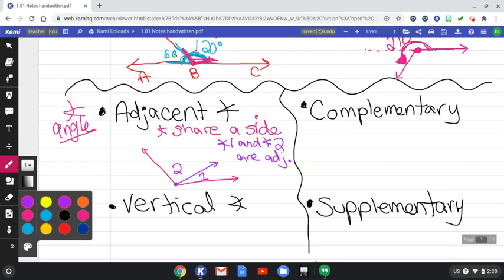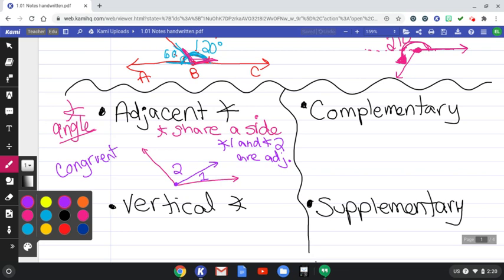So they just share a side. They don't add up to 90 or 180. They aren't equal to each other, or congruent, which is another fancy word that showed up on your classwork the other day. The word congruent, I'm going to come back to in a few minutes.